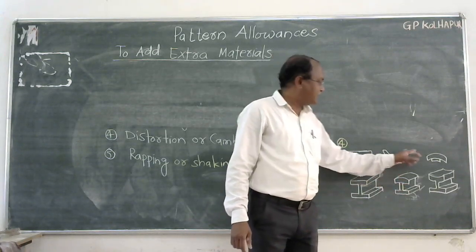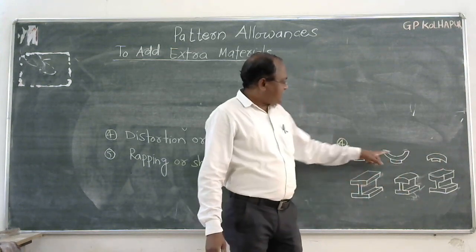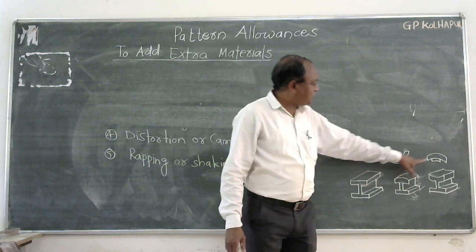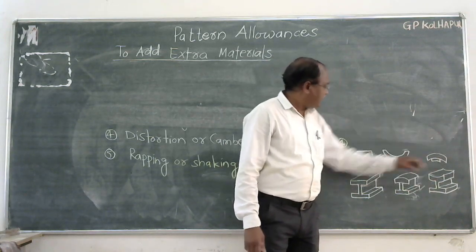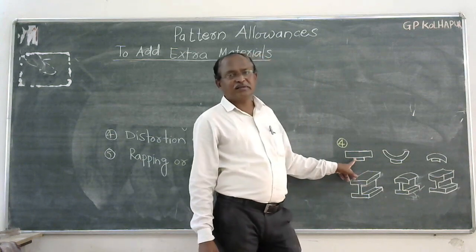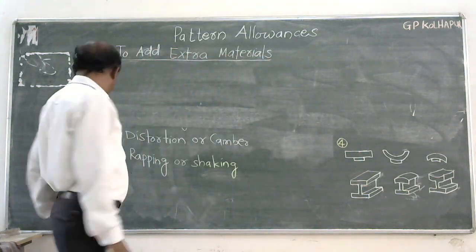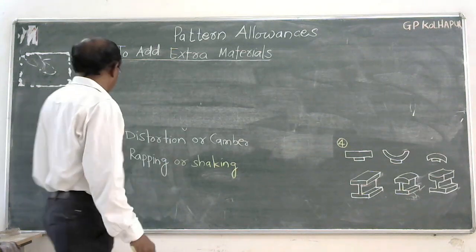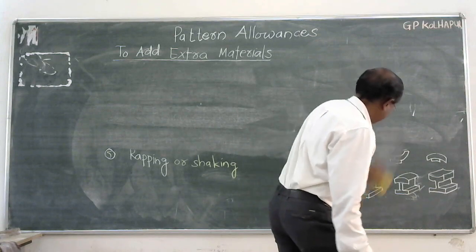This is called a camber. It distorts from the basic shape. If it changes like this, you prepare the pattern like this, so that after pouring you will have this shape. That is called the distortion or camber allowance.